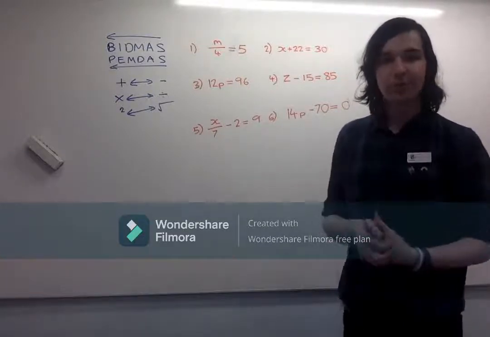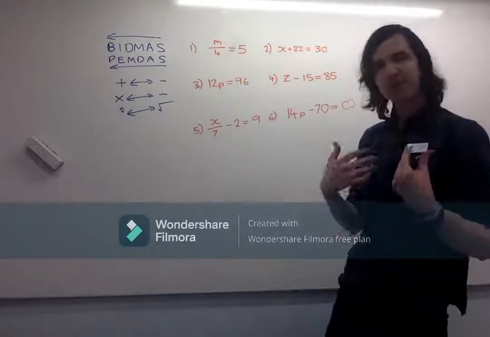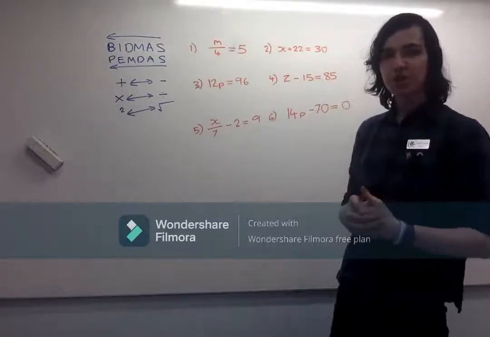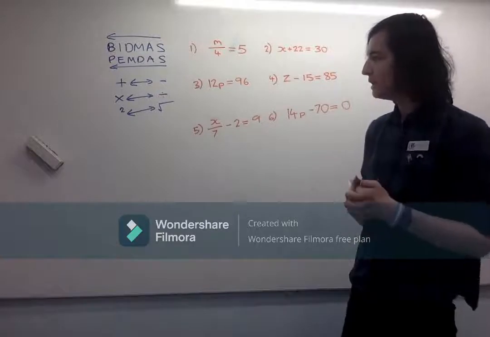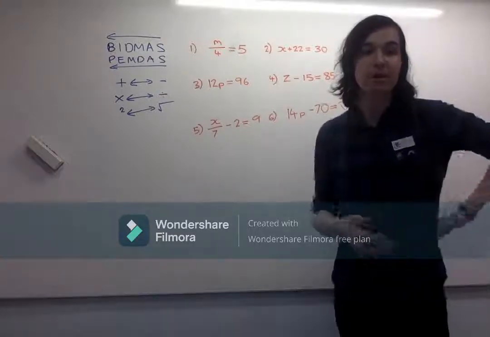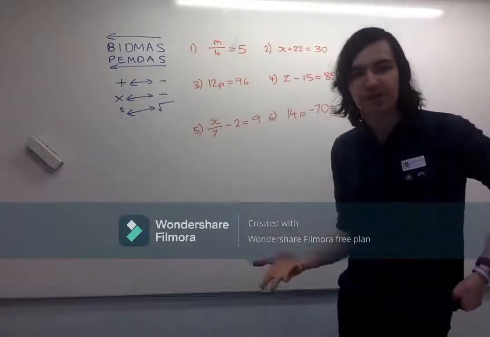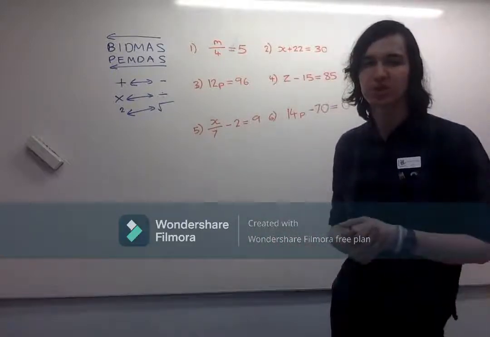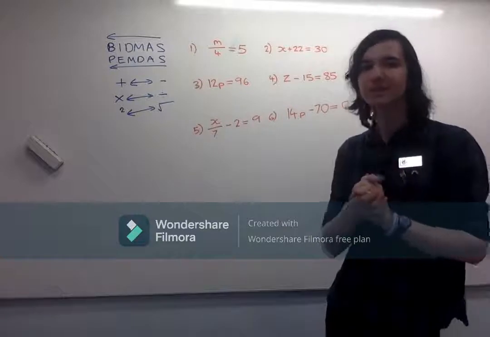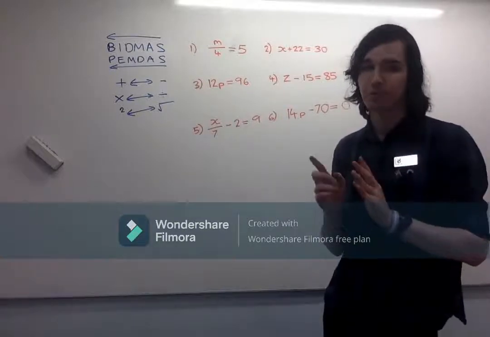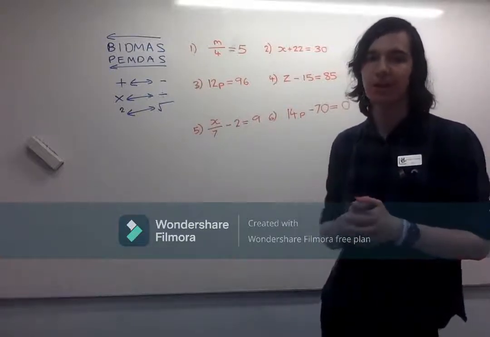So we've got a lot more to deal with here. However, there's a lovely process which you can use to find this out. Now, there's two different little things to be aware of here when you're solving equations to find that mystery value. You might be able to work it off the top of your head. However, we want to see your working out. We don't want to just see an answer. We want to see that working out.